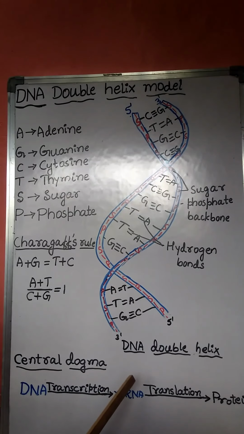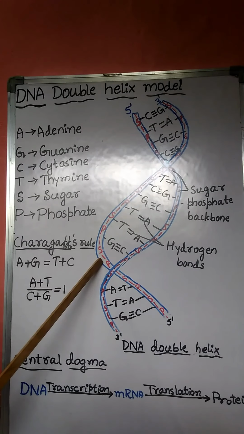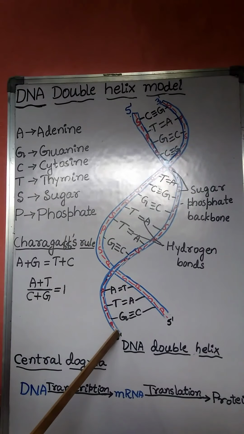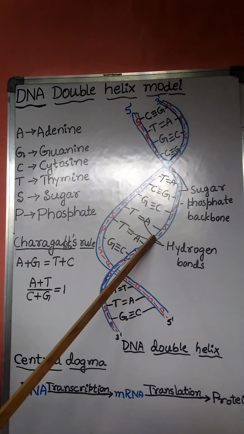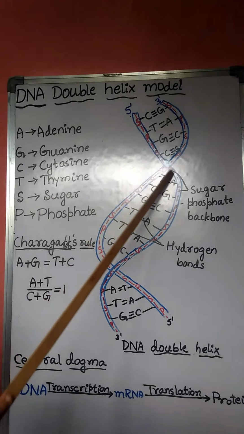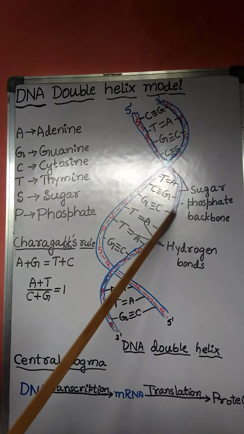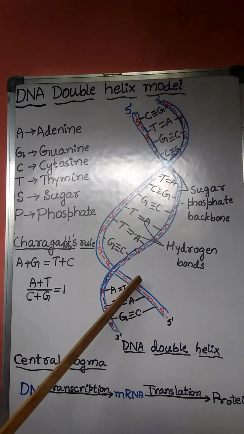In the polynucleotide strands, sugar and phosphate form the backbone. The polynucleotide strand of the DNA is made up of a backbone of sugar and phosphate.